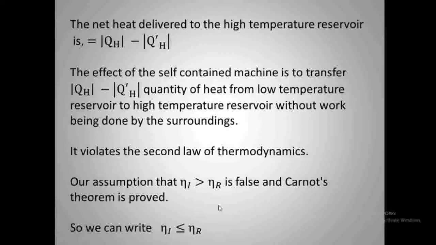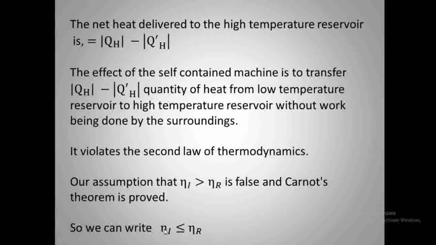Because of this assumption, we got a result that violates the second law of thermodynamics. So we have to say that our assumption is false. Then the real thing is that eta r should be greater than eta I. That is Carnot's theorem.